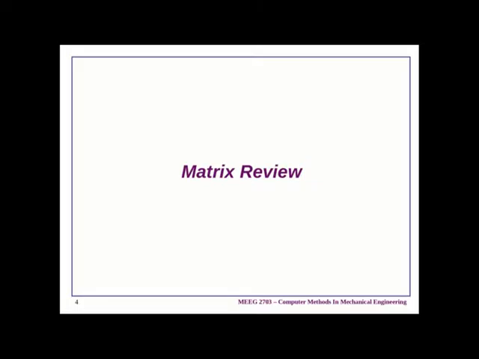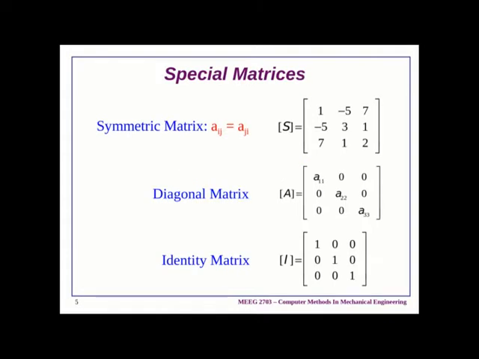I want to go ahead and review some matrix terminology that I'm going to be using in future videos, so that you can have a working understanding of what I'm talking about. So there are some special matrices that you should know about. Probably the most important of these special matrices is the identity matrix.